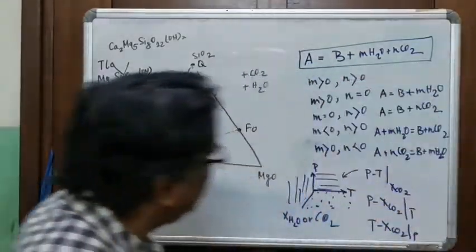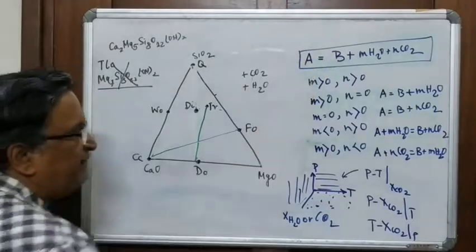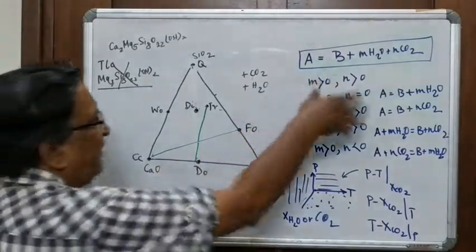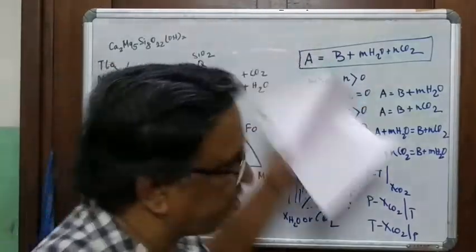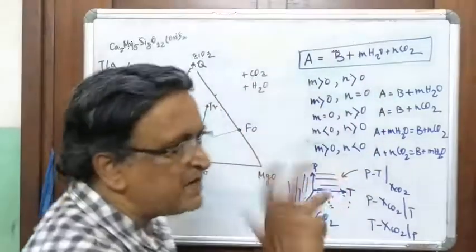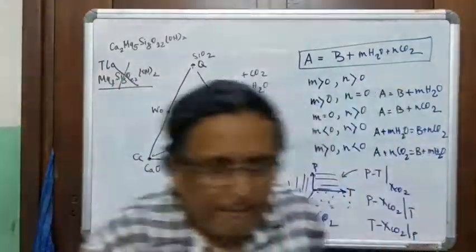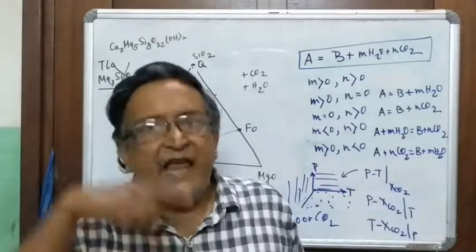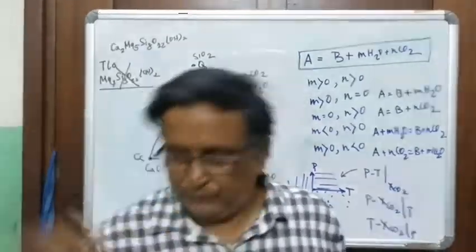If this reaction is a function, as you can see, because all phases are pure phases in the CaO-MgO-SiO2-H2O-CO2 system, the metamorphic variables are pressure, temperature, and XH2O or XCO2.